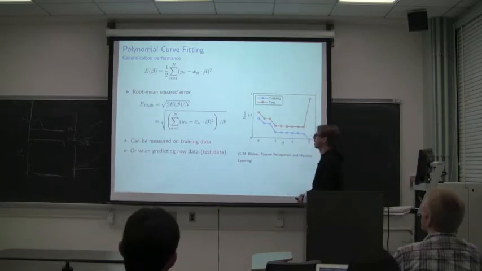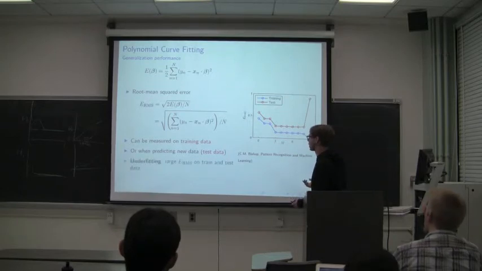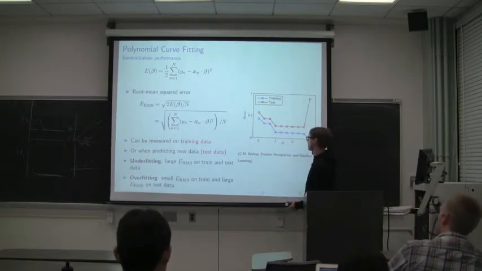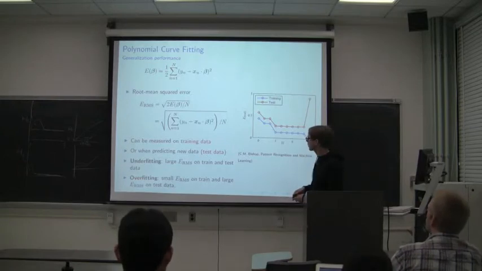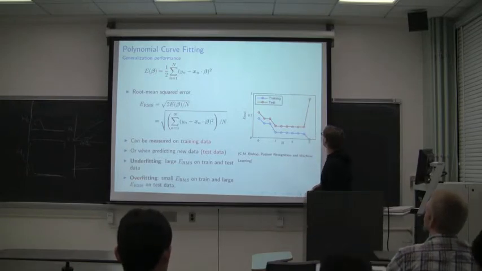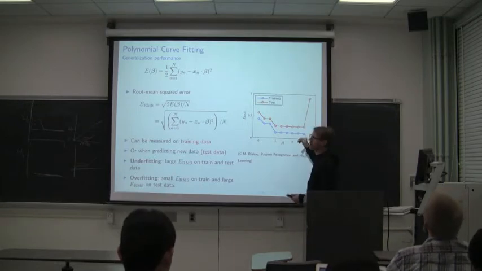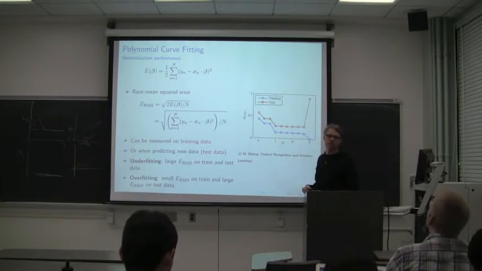So it basically means that we can measure both overfitting and underfitting using test data. And a model that gives us a good test data performance is probably a good model.